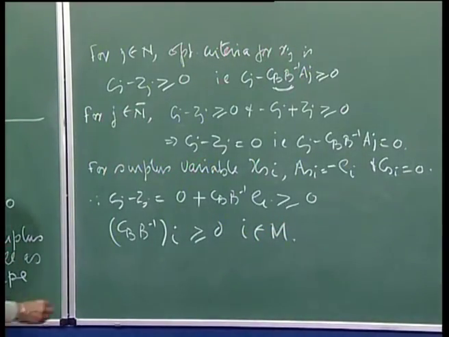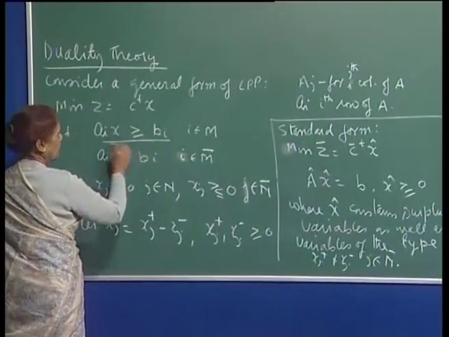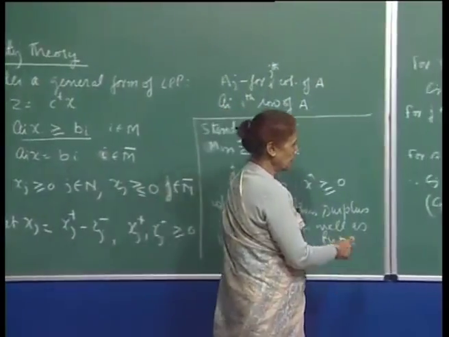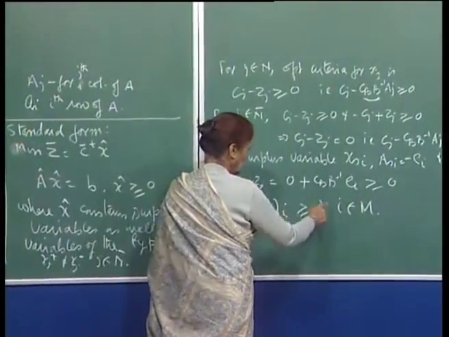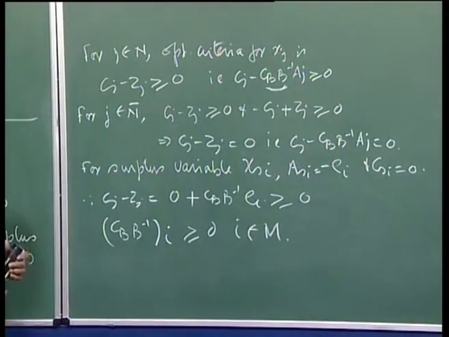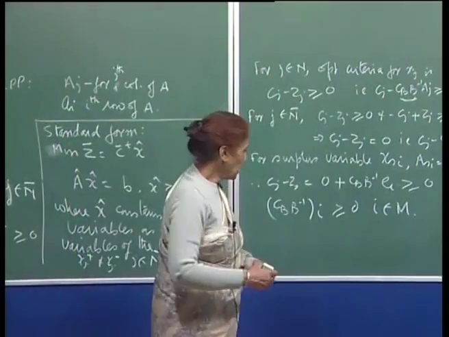So, for all i in m where I have added a surplus variable, the corresponding components of Cb B inverse are greater than or equal to 0, and I cannot say anything about the sign of Cb B inverse for i in m bar.